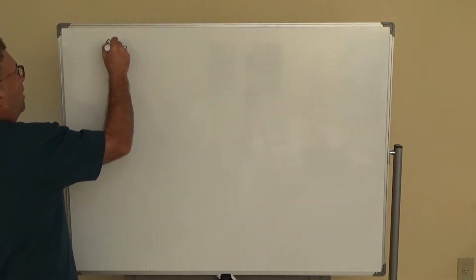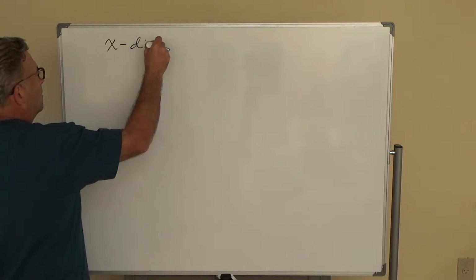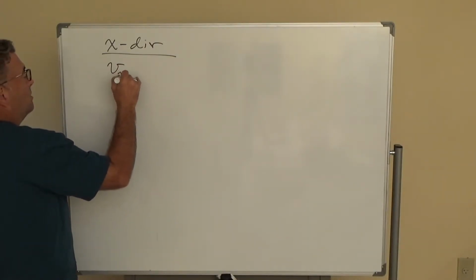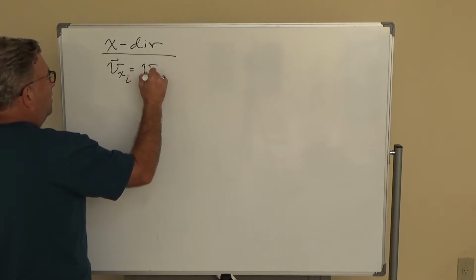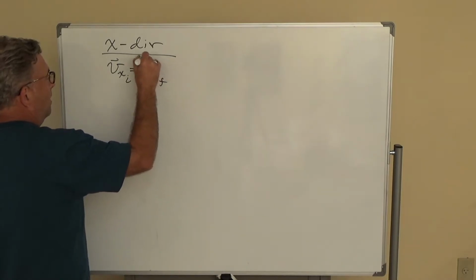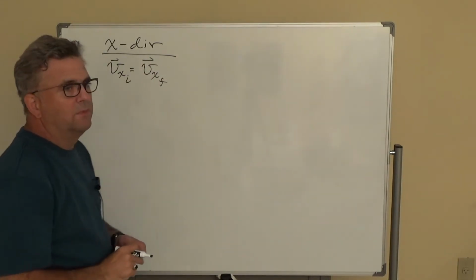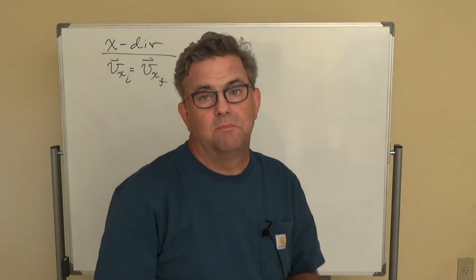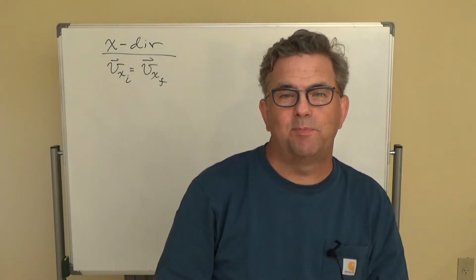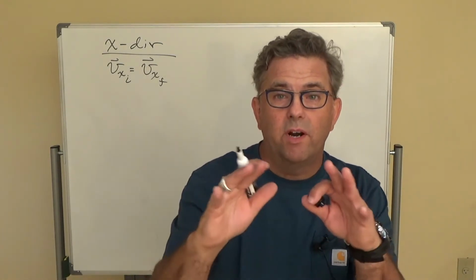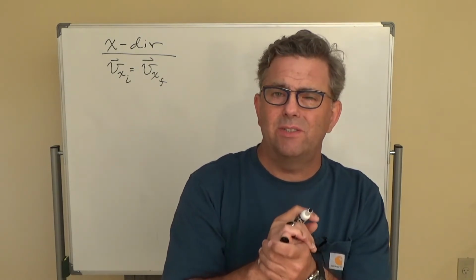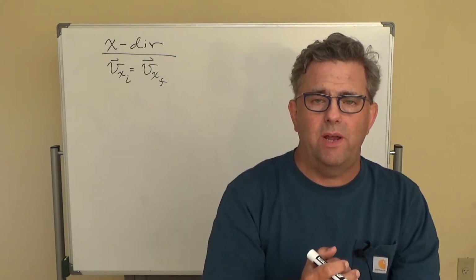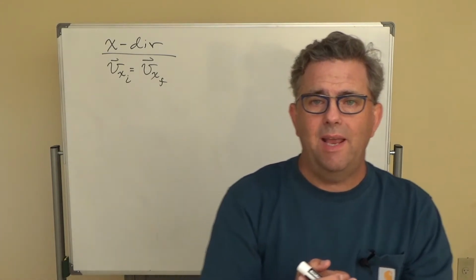So in the x direction, all right, Vx initial is equal to Vx final. Okay? That's basically it. Whatever initial velocity you have in the x direction, that does not change. There's no acceleration in the x direction. The velocity cannot change.